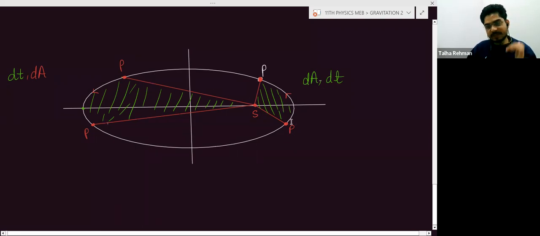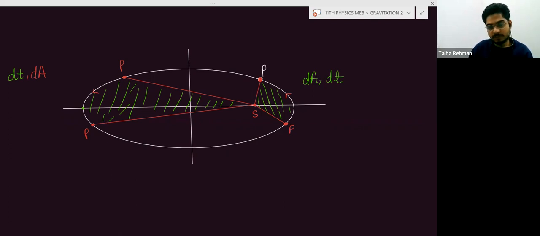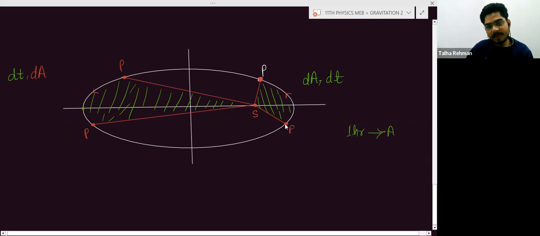Suppose this area A is covered in 1 hour when the planet is moving from here to here.